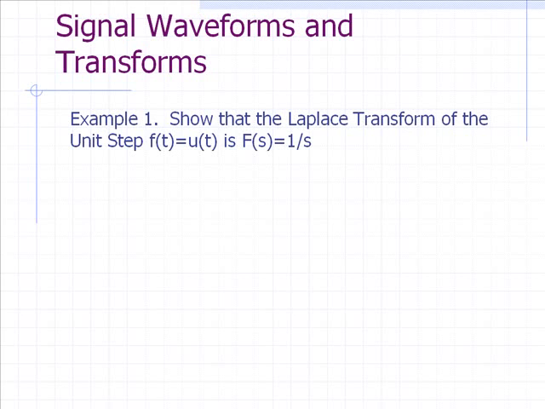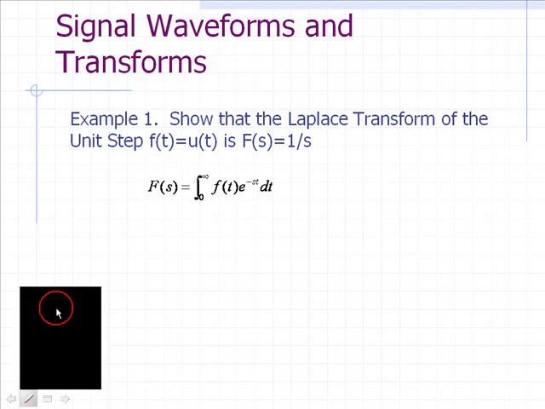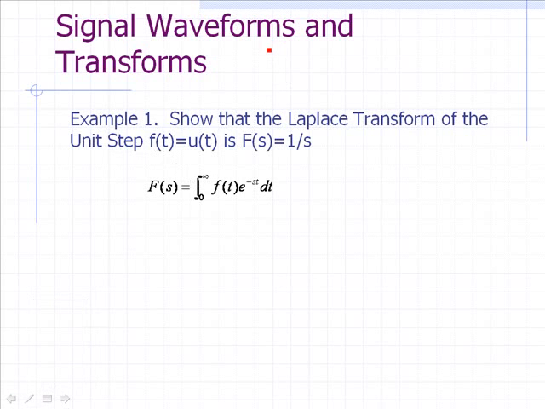Signal waveforms and transforms. Here's example 1. We want to show the Laplace transform of a step input. A step input looks like this. Here's a function of time. There's 0 before time t equals 0, so right here is the origin, and that's time.